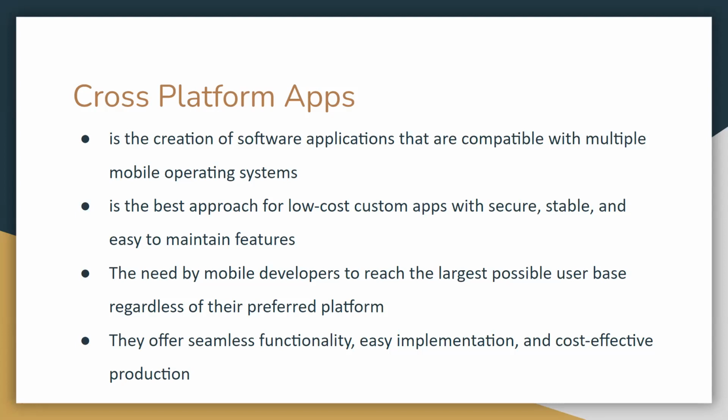So what this passage is saying is that cross-platform applications can be compatible with different devices like Android and iOS. You build one application, but it's going to be compatible with all of the mobile platforms.